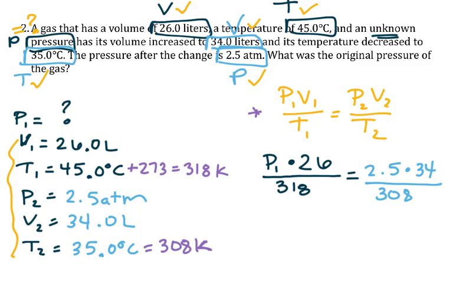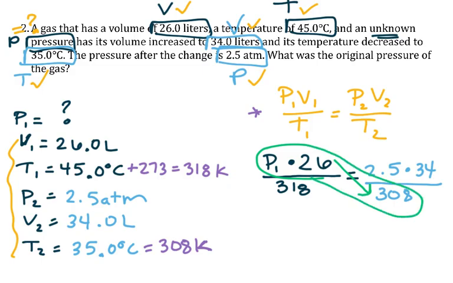With this, you can cross multiply and then divide, or you can calculate out this value and then isolate P1. I prefer to cross multiply, but you can use whatever math methods you prefer.